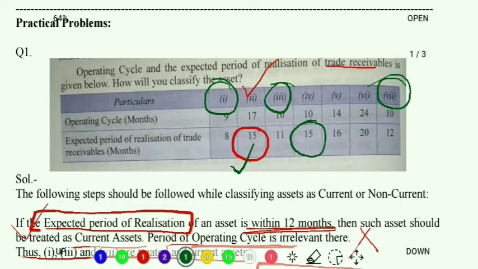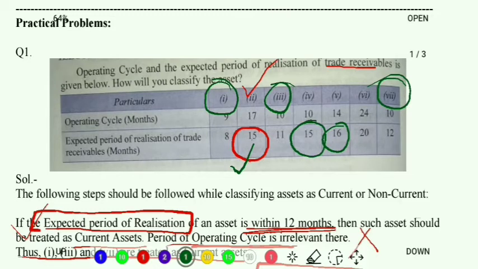Moving to asset number 5. What is asset number 5 showing us? The expected period of realization is 16 months. Now we compare it with the operating cycle. The operating cycle is 14 months and the expected period of realization is 16. So the expected period of realization is more.